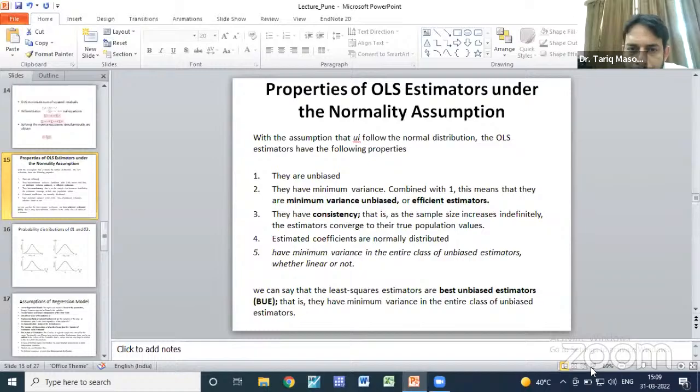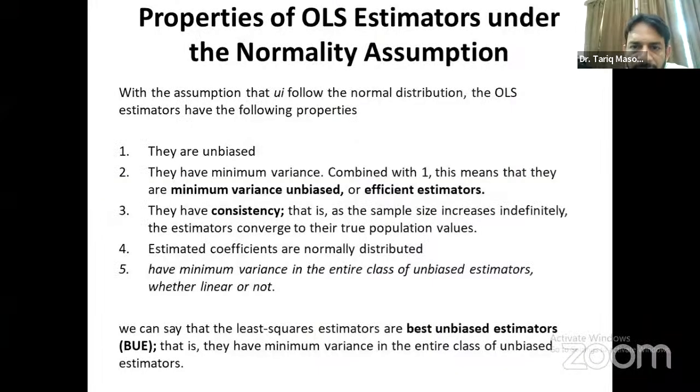The next property is minimum variance: the variability of these betas is minimum. It is true that we get different estimates from different samples, but the variation is minimum.